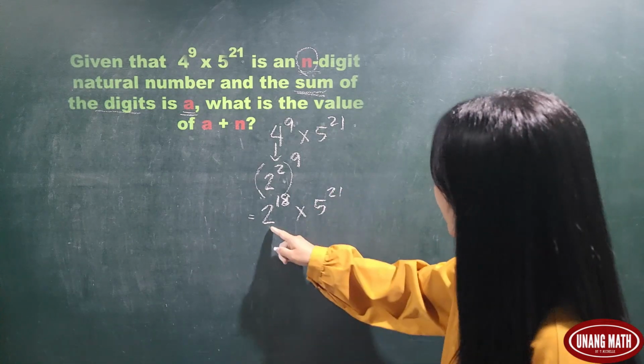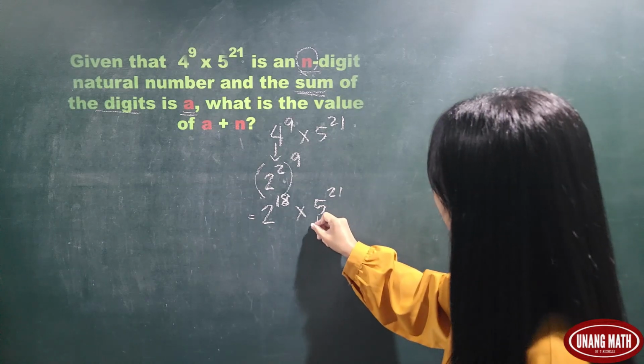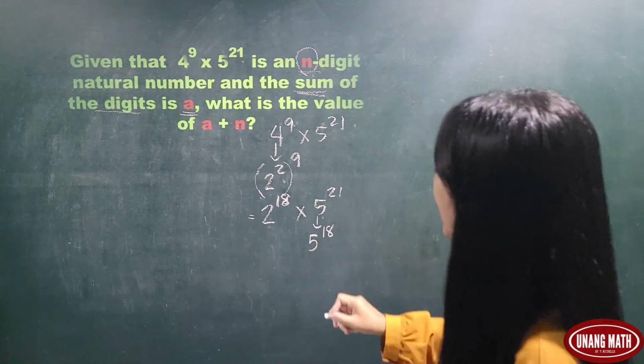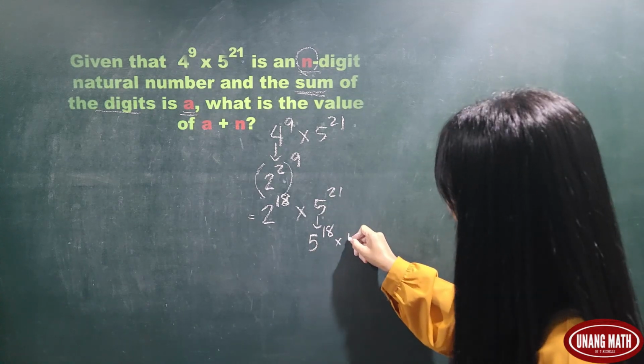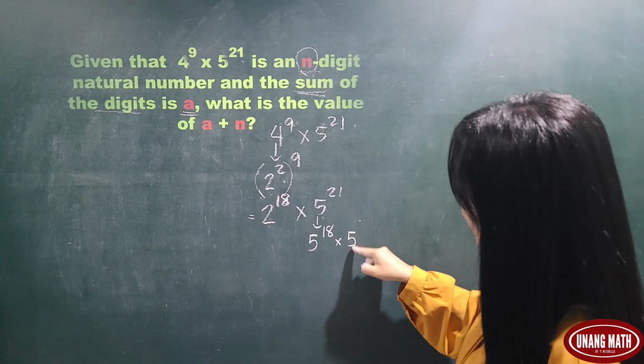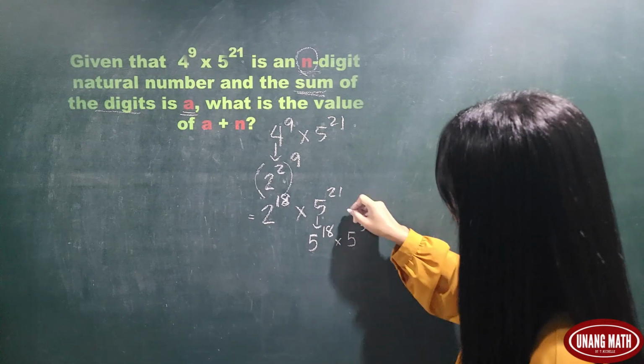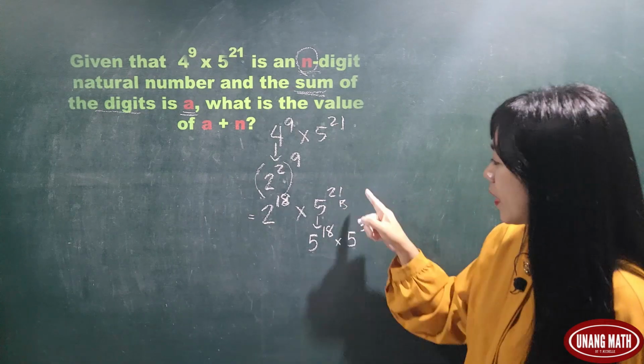5 raised to the power of 21 can be written as 5 raised to the power of 18 times, we still have remaining, 5 raised to the power of 3. So this is just equal to 5 raised to the power of 21.